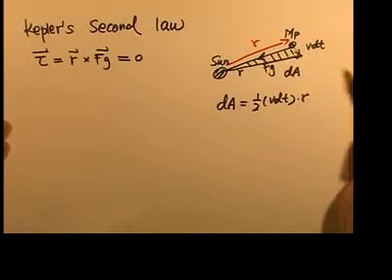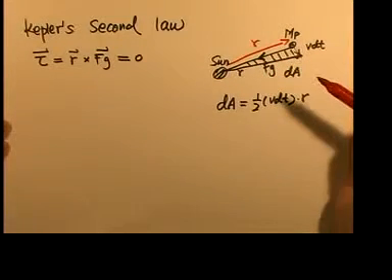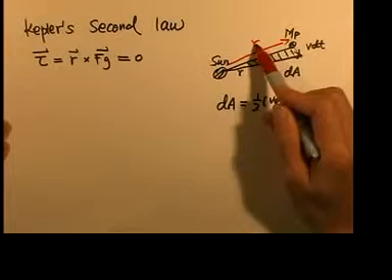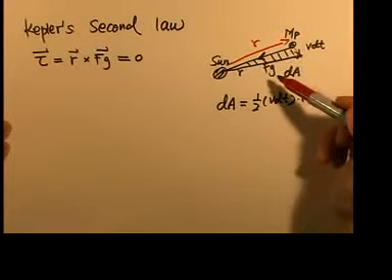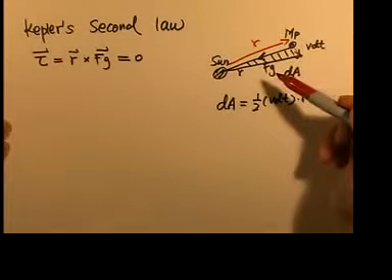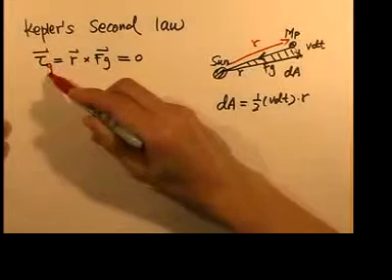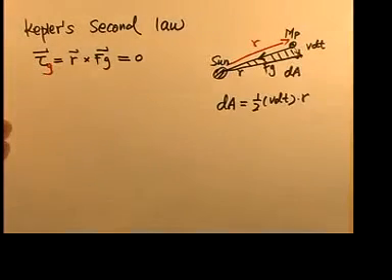Obviously, it has a 180 degree angle with respect to the attractive force Fg. So when the lever arm has a 180 degree angle with the force, then r cross F is rF sine 180, which equals 0. Therefore, the torque caused by gravitational force equals 0.